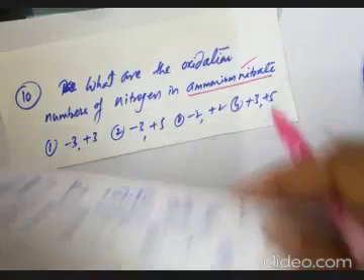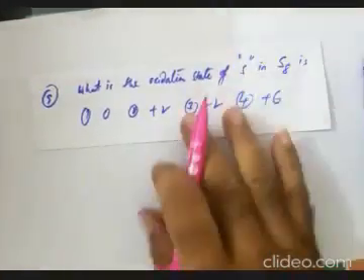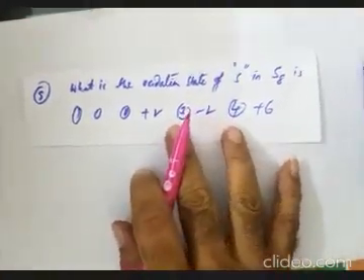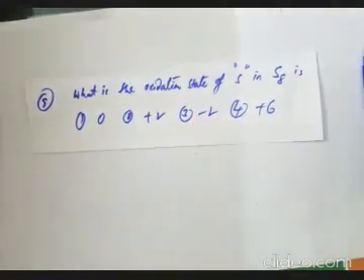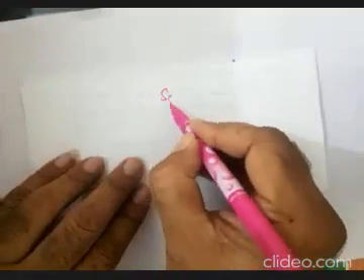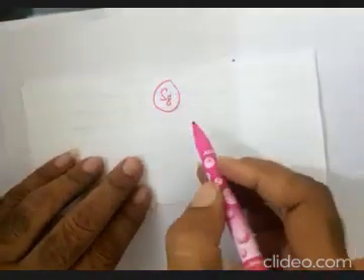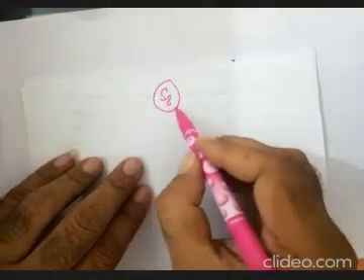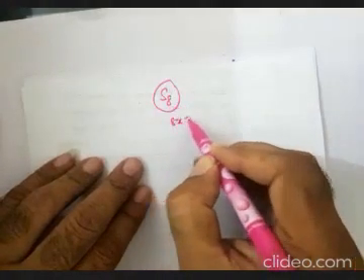Now see this one. What is the oxidation state of sulfur in S8? The sulfur S8 structure is very important. Sulfur molecular formula is S8, 8x is equal to 0.